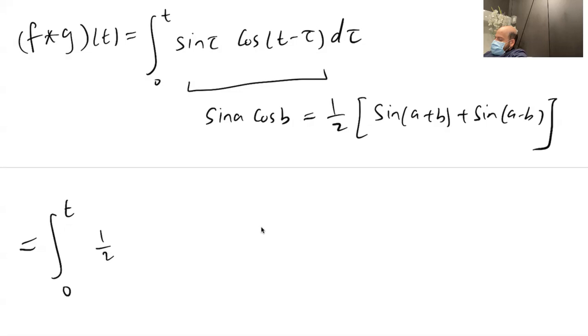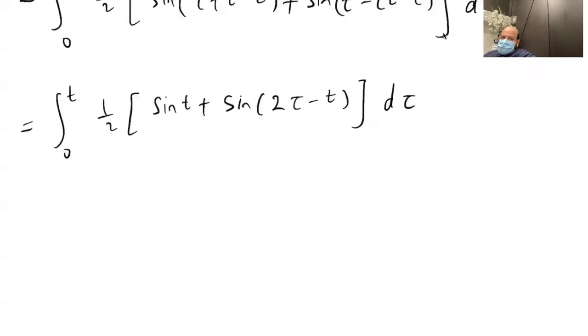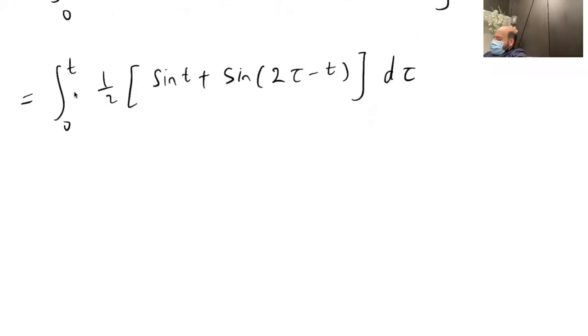Now sine t can be taken out of the integral, because remember the integration is over tau. So t is considered a constant, and sine t can also be considered a constant. I can take it out of the integral, and the same thing for 1/2.